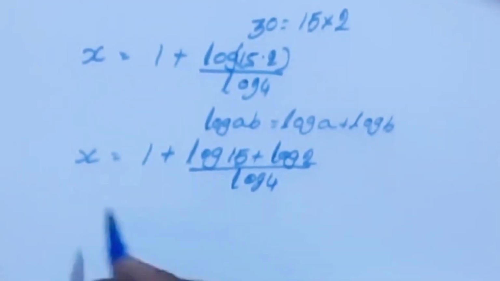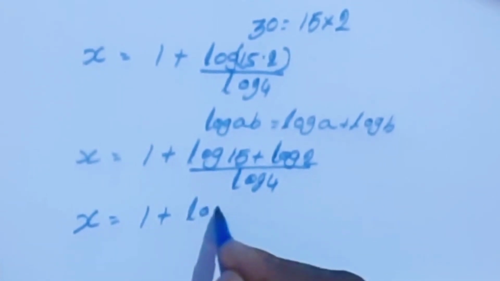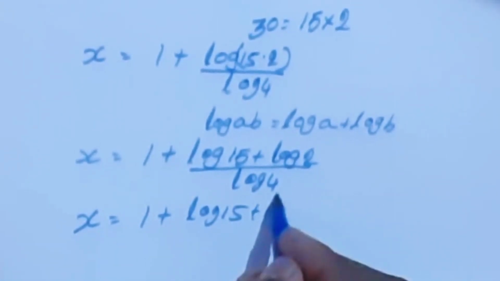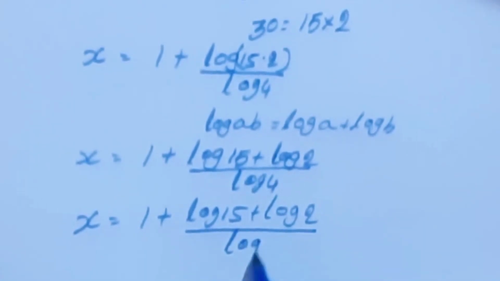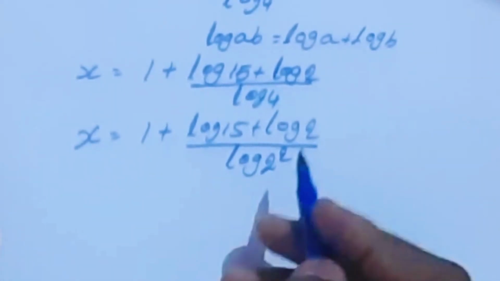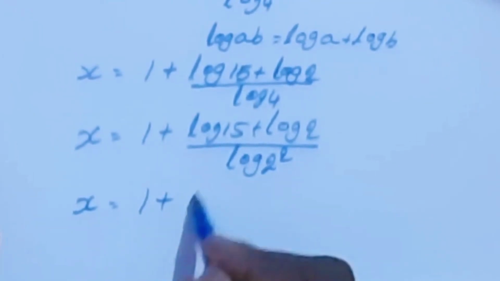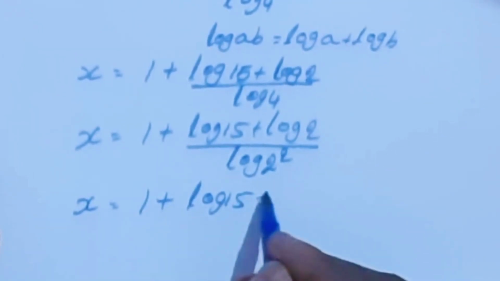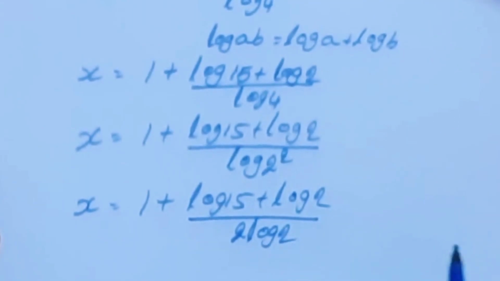Now this 4 can be written as 2 power 2, so x equal to 1 plus log 15 plus log 2 by log 2 power 2. Apply log power formula, that is log 15 by 2 log 2.